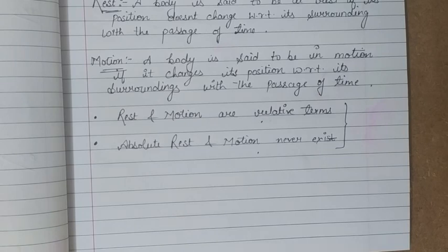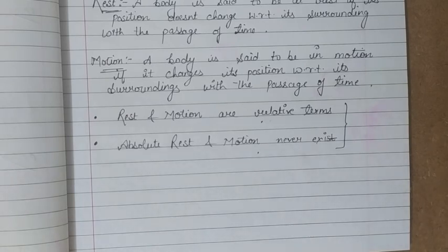A person that is inside the car is at rest with respect to his fellow passenger. If we talk about both passengers, those two passengers are in a state of rest with respect to each other. While if we talk about the observer outside the car, for that outside observer, the persons sitting inside the car are in motion.